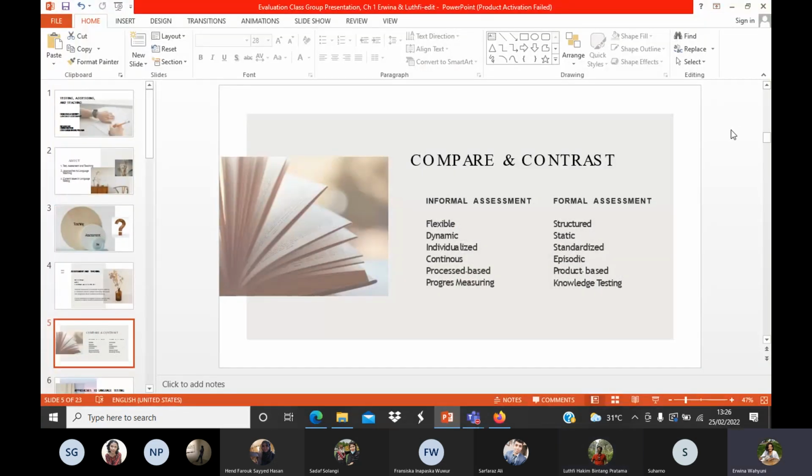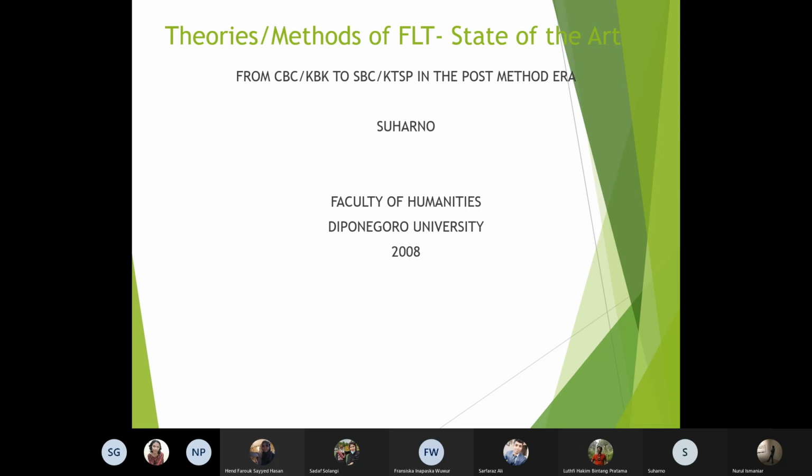Have you guys seen the screen now? Yes, I could see. Okay, Lutfi, you can continue, and I will back you up with sliding this screen. Sorry. Slide number 5. On my screen it shows the wrong PowerPoint.